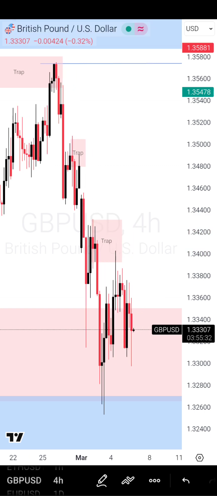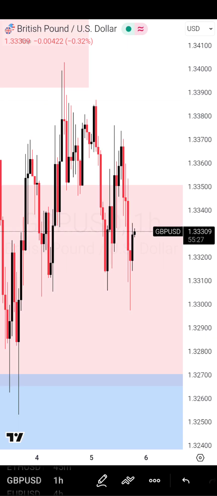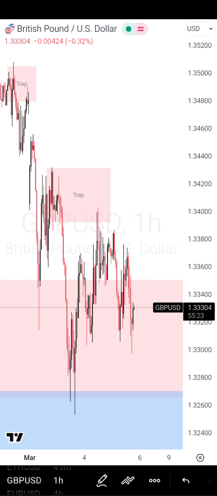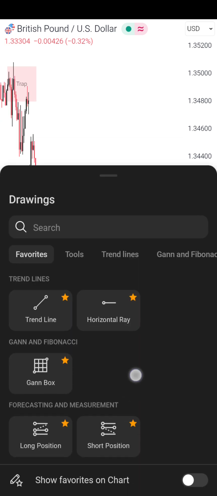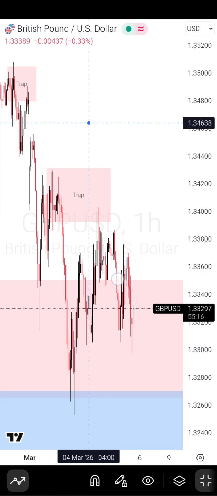So if I go to the last time frame, which is the 1-hour time frame where I want to take my entry, what I want to see is price showing that it wants to change direction.